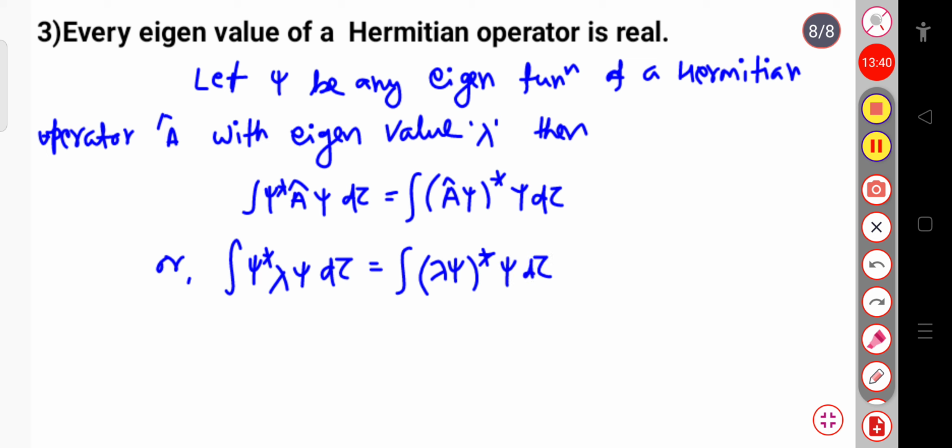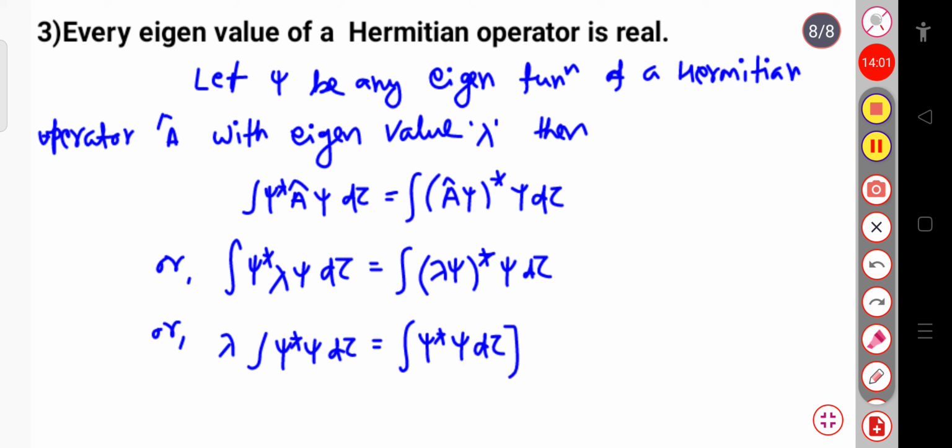If lambda is taken outside, then this will be lambda into integration psi star psi d tau, that will be equal to lambda star into integration psi star psi d tau, where lambda star is simply taken outside. So this is lambda star.